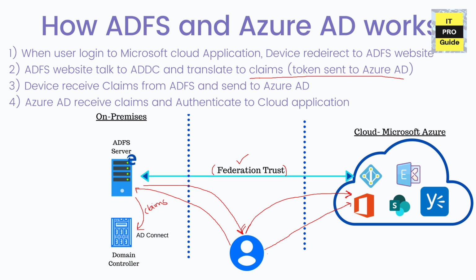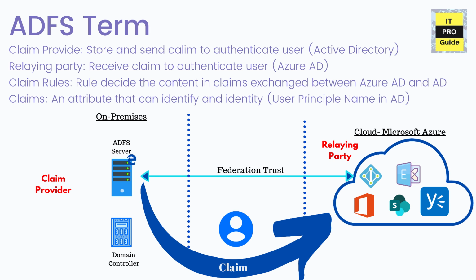Let's get familiar with some of the new terms that come in ADFS: a claim provider and a relying party. A claim provider in this scenario is Active Directory, because Active Directory contains the attributes needed for authentication, and the claim provider, the Active Directory here, is going to exchange this information with the relying party.